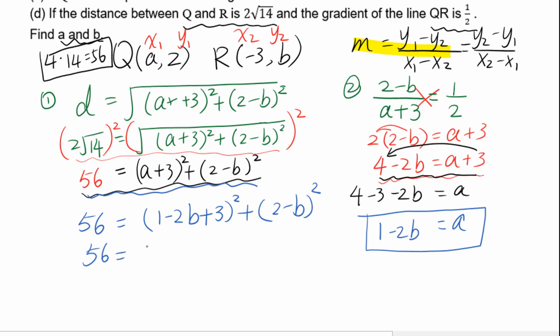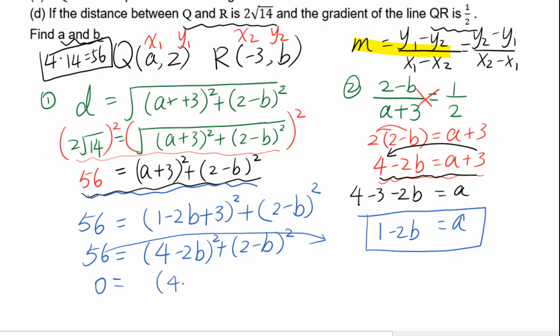56 equals, combine like terms, you will get (4 minus 2b) squared plus (2 minus b) squared. We will set it equal to 0 so that we can use the graphing calculator by graphing or by equation solver. Equal to 0, cross the river, change the sign.